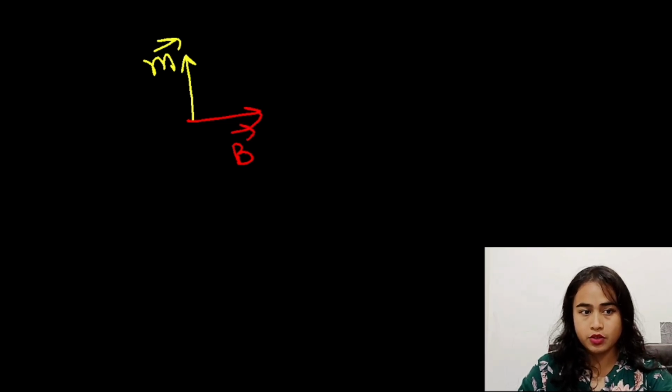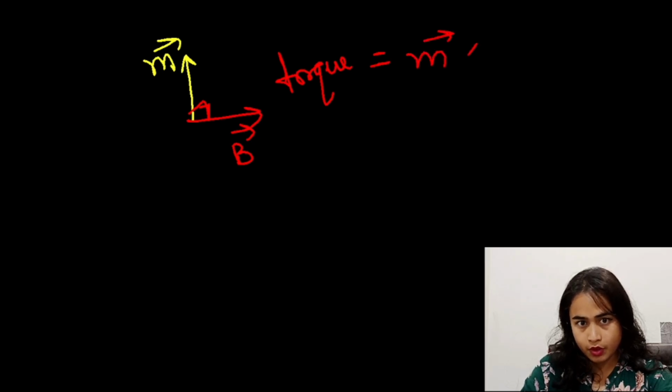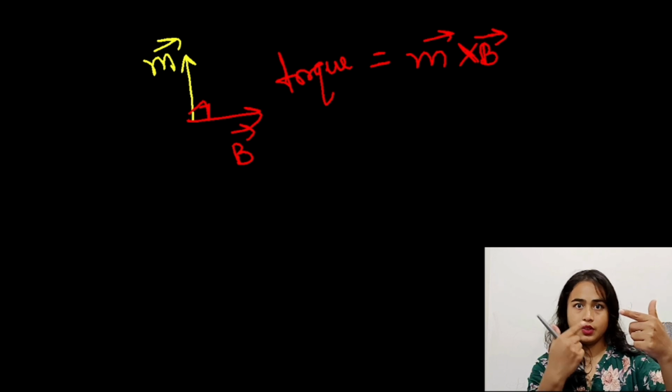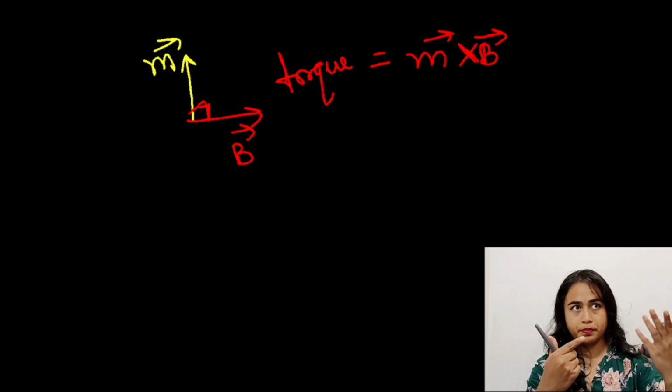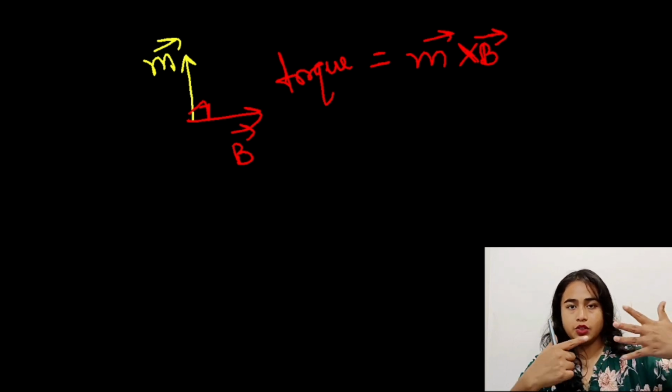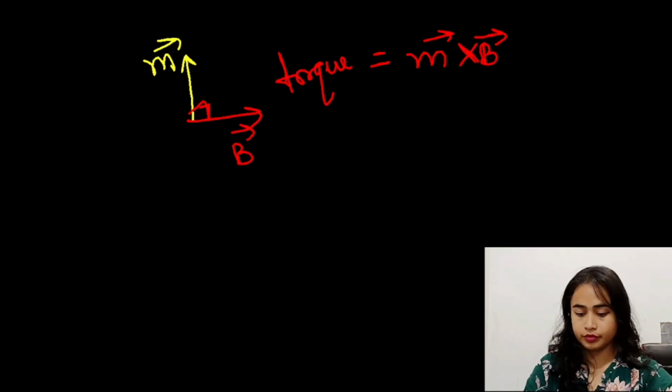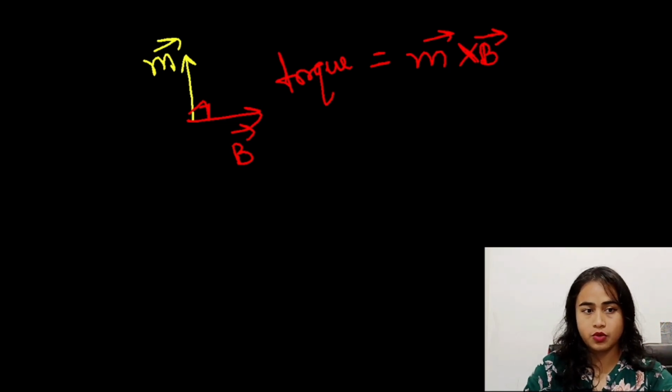If they are perpendicular to each other, then this is your torque, which is M cross B. So if you take a magnetic needle and place it in a uniform magnetic field, it's going to rotate. It will have a torque, a rotational force.